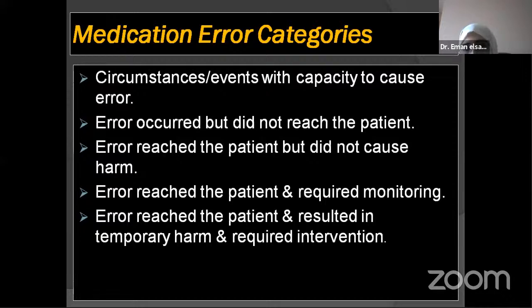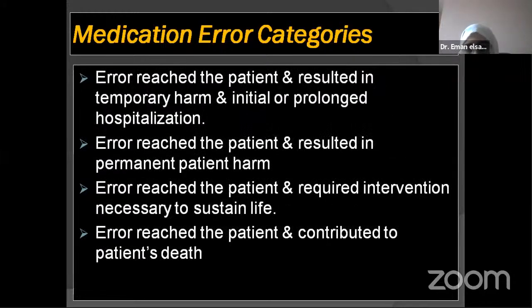Error reached the patient and resulted in temporary harm and required intervention. Error reached the patient and resulted in temporary harm and initial or prolonged hospitalization. Error reached the patient and resulted in permanent harm.